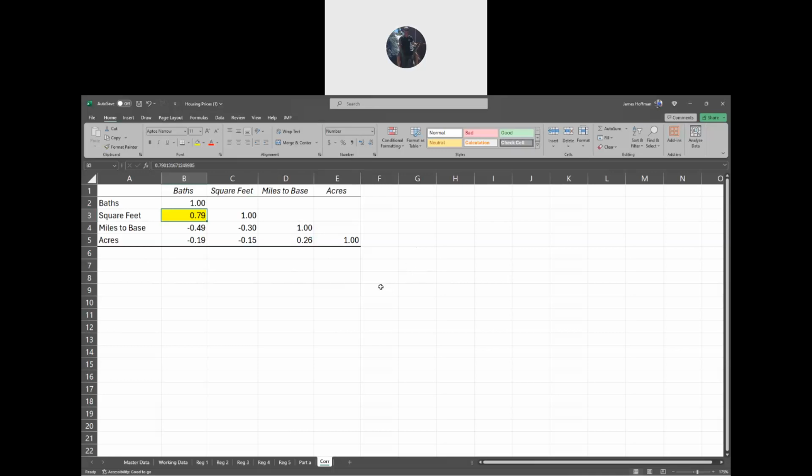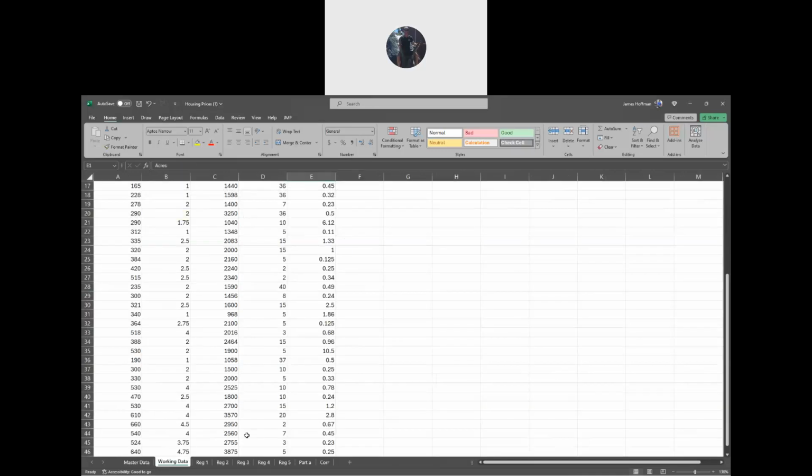So we have two ways to proceed here. Why don't we just look at a scatter plot and see if there is a correlation, and if there is, we should probably take one out. If it doesn't look too bad, we can just leave it. Let's go back to the working data and make a graph.